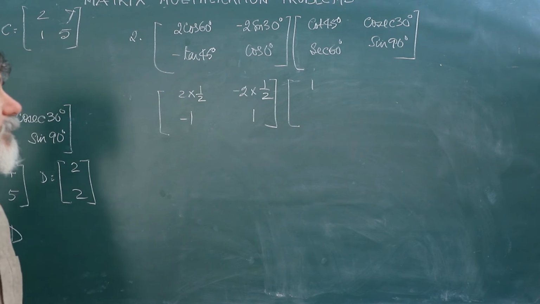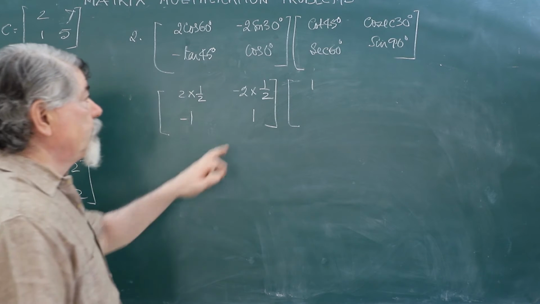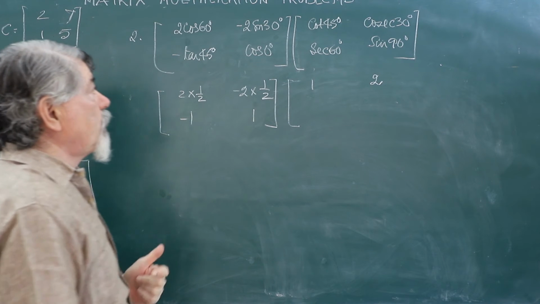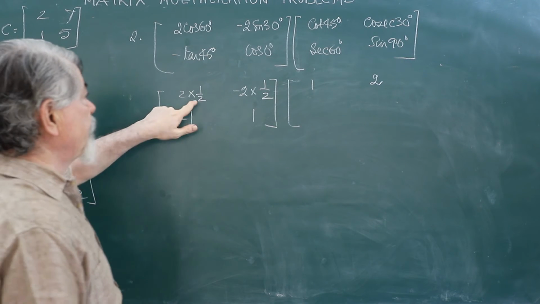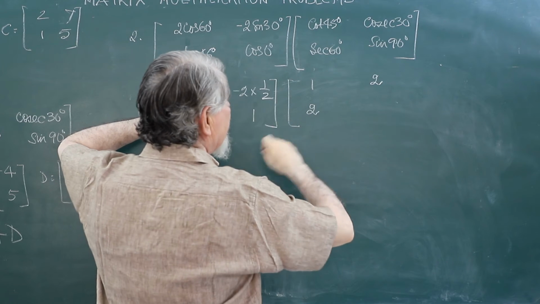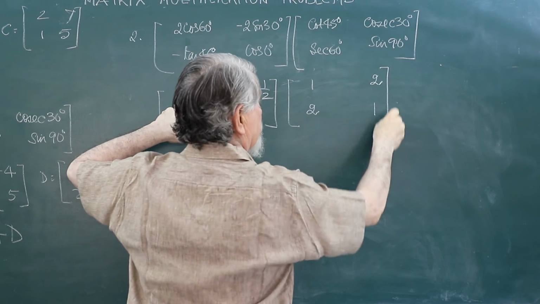Cos 0 is 1. Cot 45 is 1. Cosec 30 is the reciprocal of sine 30. It was 1 upon 2, so it will be 2. Sec 60 is the reciprocal of cos 60. Cos 60 was 1 upon 2, so sec 60 will be 2. And sine 90 is 1.